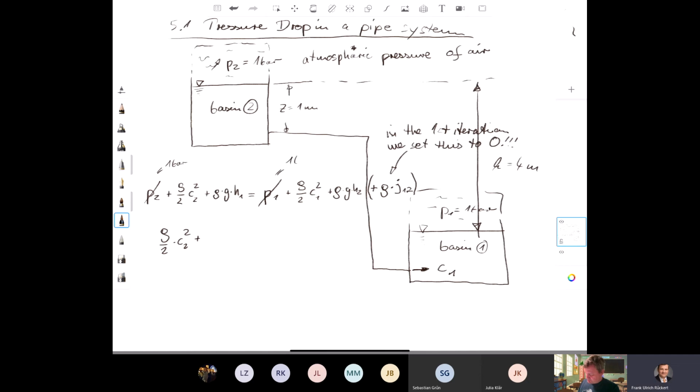Okay. But important is now the height, the difference of the height. And we must take into account h as the first height, and we must add plus z2.